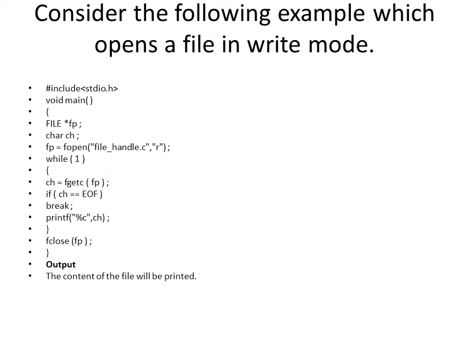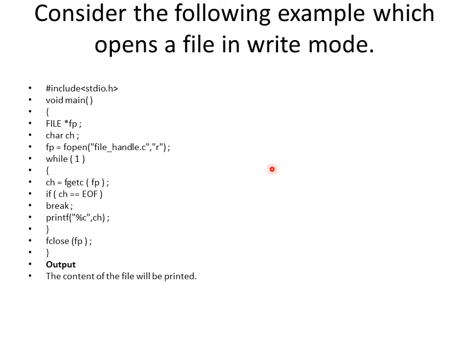In the while loop, I am using ch equals fgetc, that is, I am getting characters from the file fp. If the character is end of file, it will break. Otherwise, it will print ch. And after this, I am closing the file.